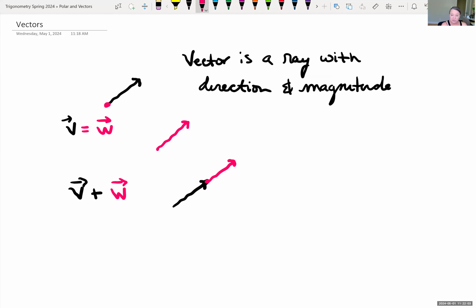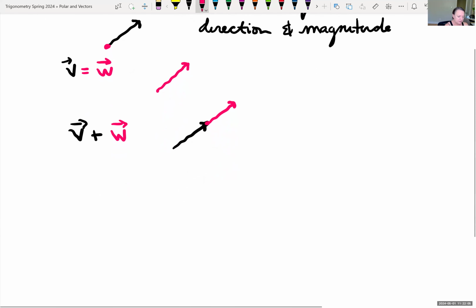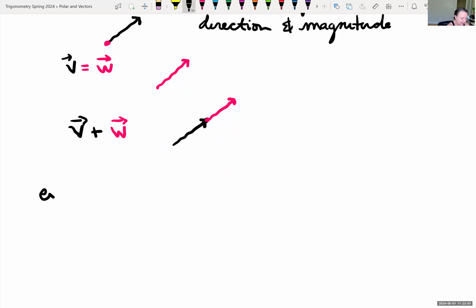So let's look at two different vectors and adding them. Let's say we had v equals this vector here, and let's say w is something like this.